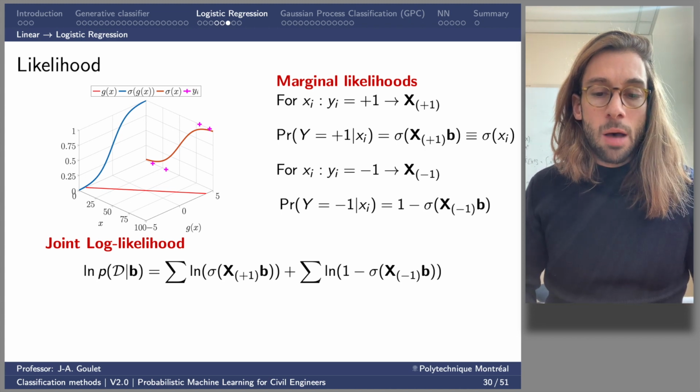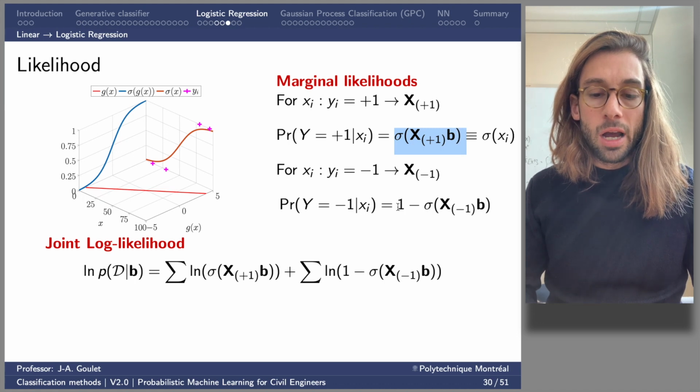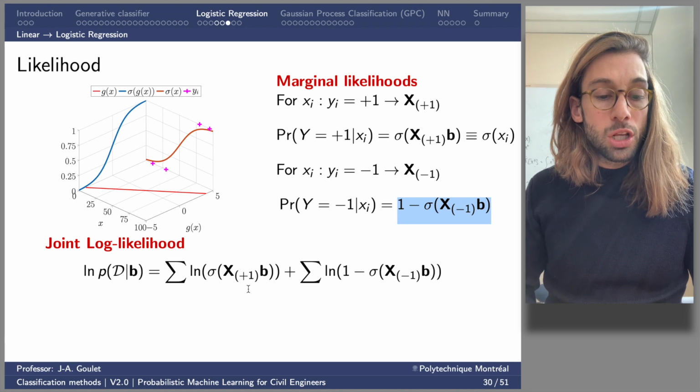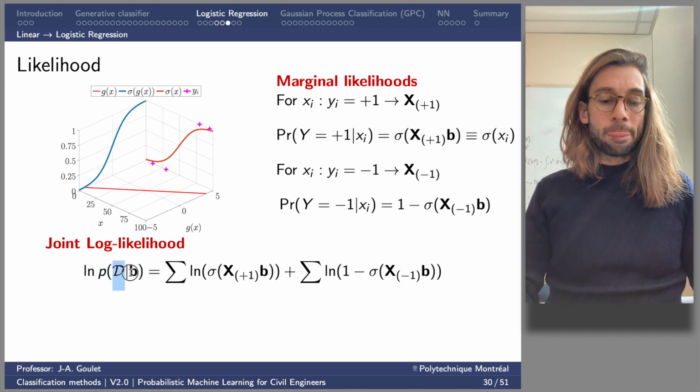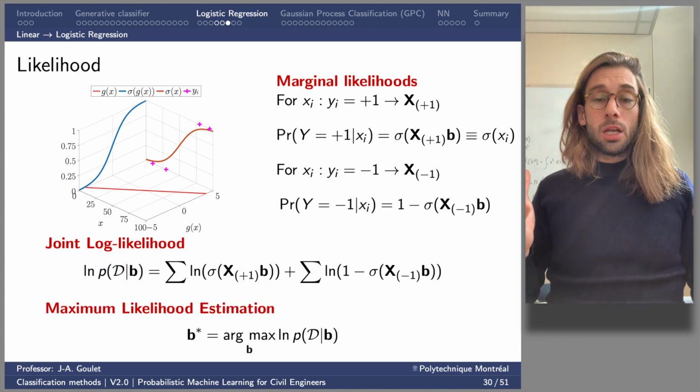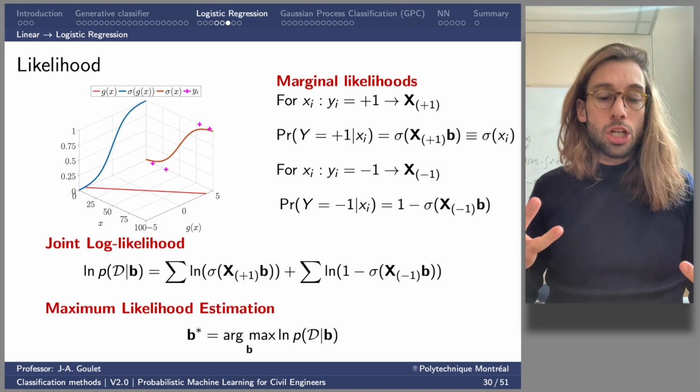So I'm going to make the sum of everything I had here for all my observations, the sum of what I had here for all my observations, and I sum both terms. This is going to be my joint log likelihood for the probability of predicting my data given my parameter value. And what we're going to do here is treat that as a maximization problem.